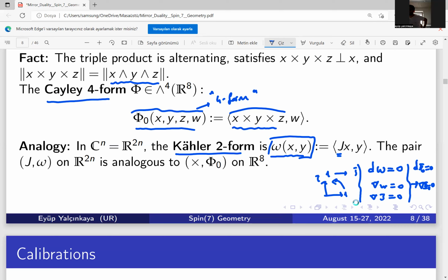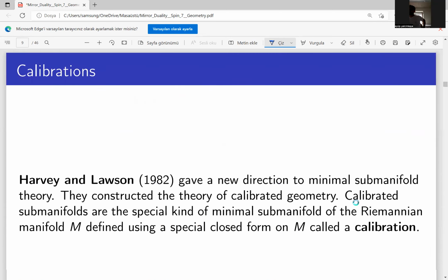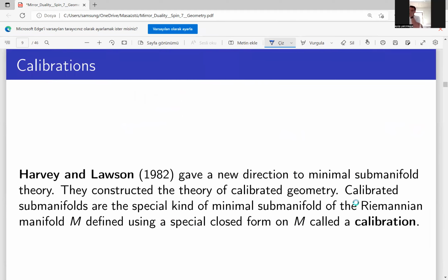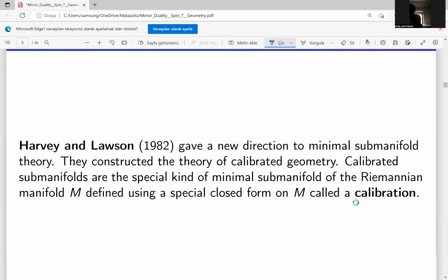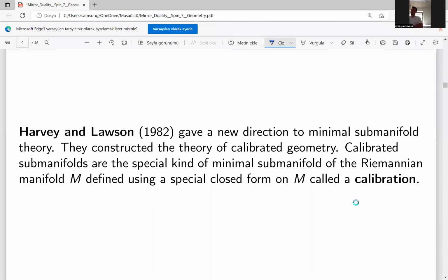We can construct, and this is the analog of Kähler geometry, and the importance of this geometry, Spin(7) geometry and G2 geometry, maybe special Lagrangian, comes from the Harvey-Lawson 1982 article. This article gave a new direction to minimal submanifolds.